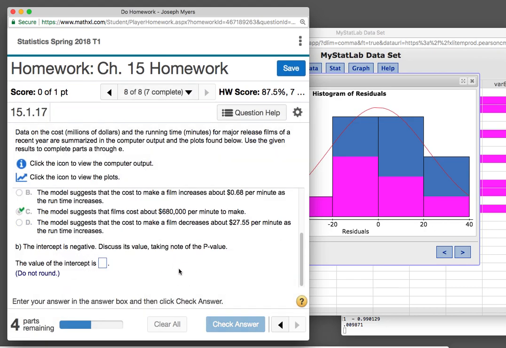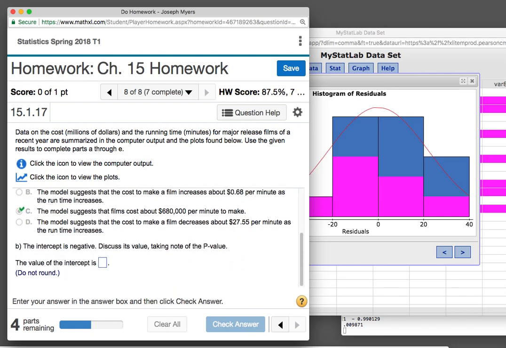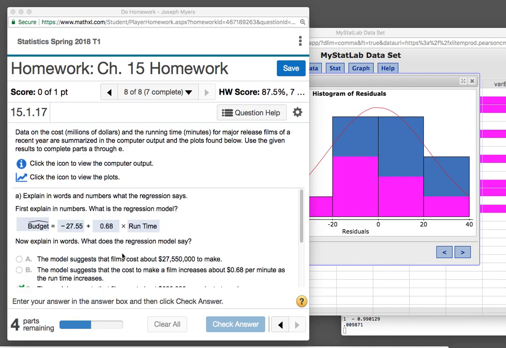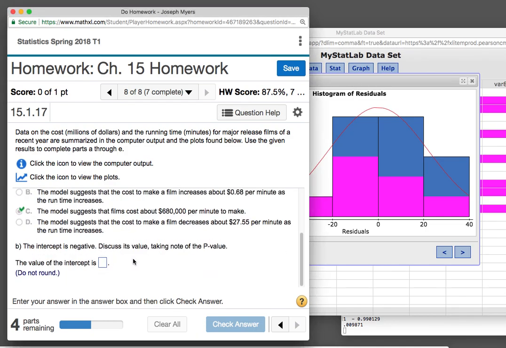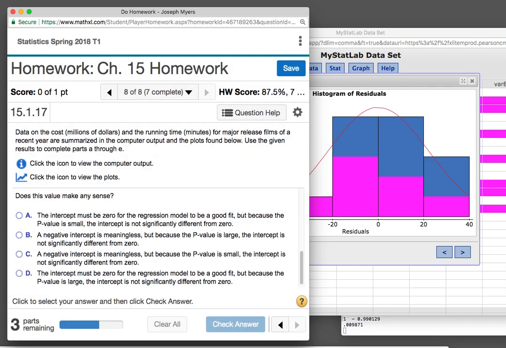And then the intercept is negative. Yeah, the intercept is negative. So if you had a video that didn't even have anything in it, it was 0 minutes long, then it would cost a negative amount of money. So that would be negative $27.55 million. That'd be awesome.